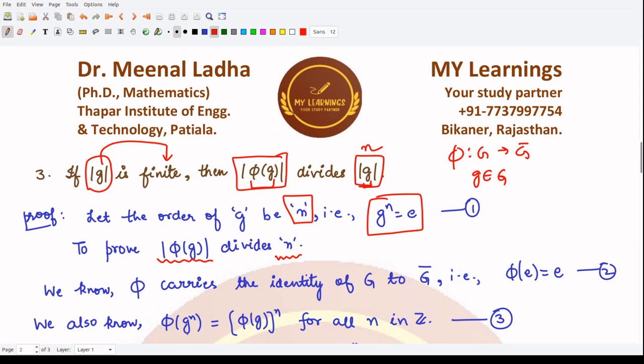And by the second property, we also know that phi of g raised to power n is equal to phi of g whole raised to power n for all n which are integers. Let's mark this as equation 3. Now we will make use of properties 1, 2 and 3 to prove the result. We want to see what is phi of g raised to power n.